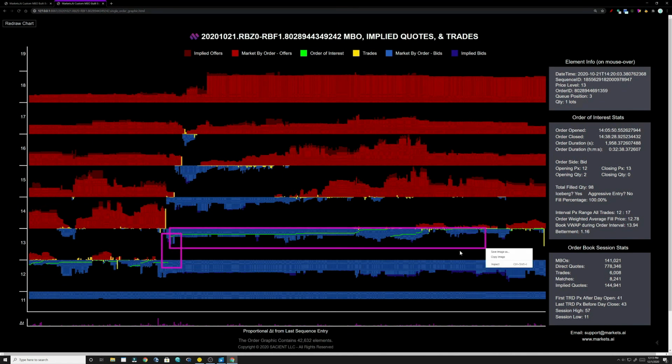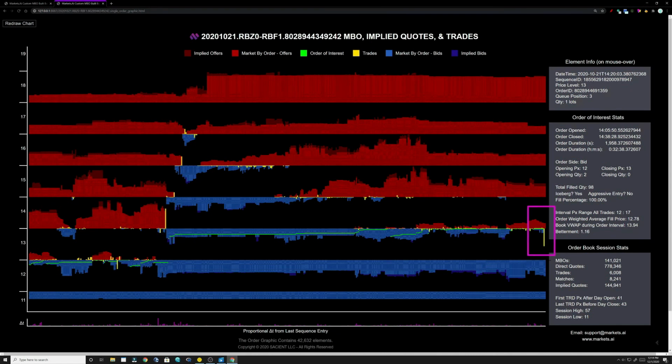This was the improvement here by 1 tick. This was the patience, the lack of urgency that let them rest at the improved 13s without chasing the market.